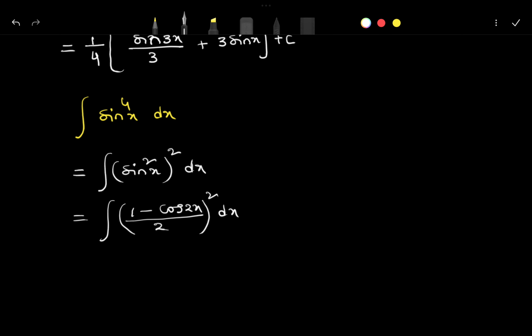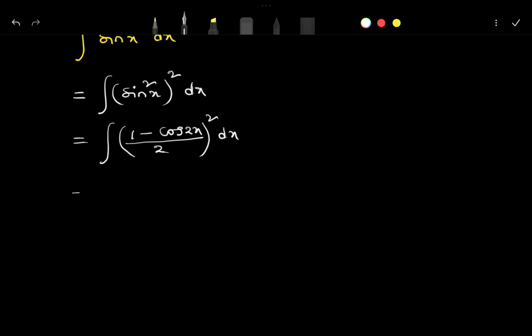Now 1 by 4 you write outside. So 1 by 4 into the integration of 1 minus cos 2x whole square.